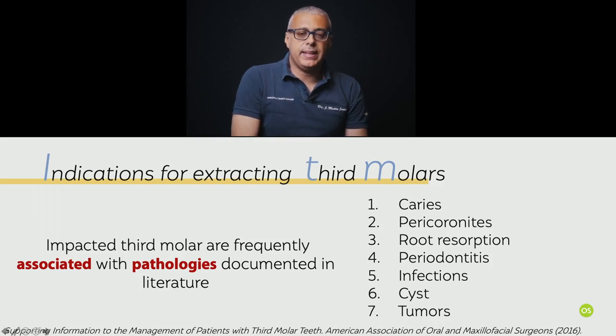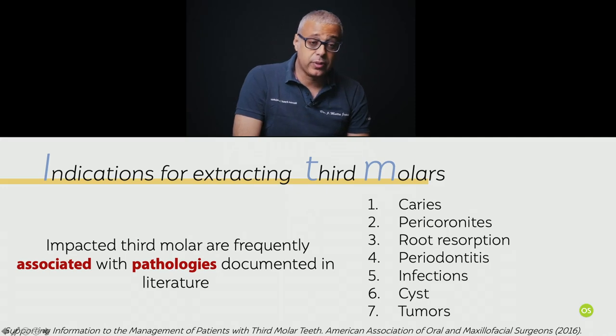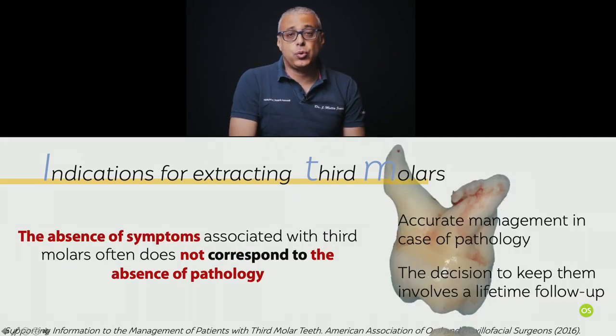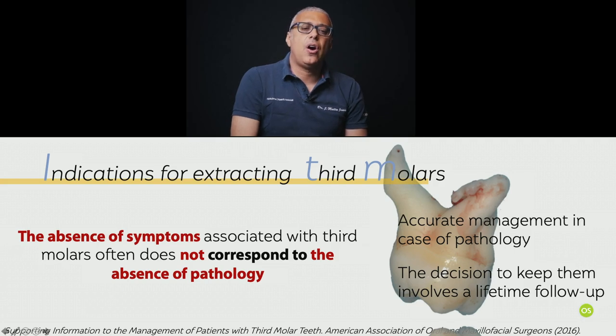These pathologies may be caries, pericoronitis, root resorption, periodontitis, general infections, cysts, and tumors. The absence of symptoms associated with third molars often does not correspond to the absence of pathology.